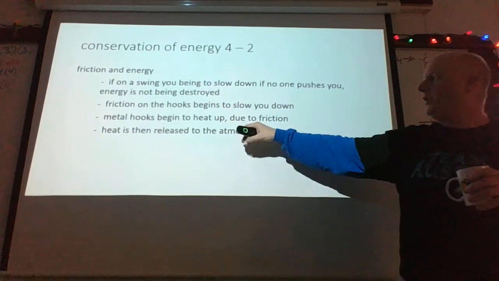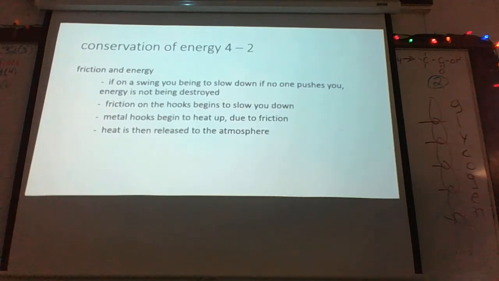Well, no. There's a little bit of friction where the swing set attaches to the frame, and that friction starts to slow the object down. And with any type of friction, what is going to be generated? Heat. Heat will be generated, and then that's dissipated to the atmosphere.